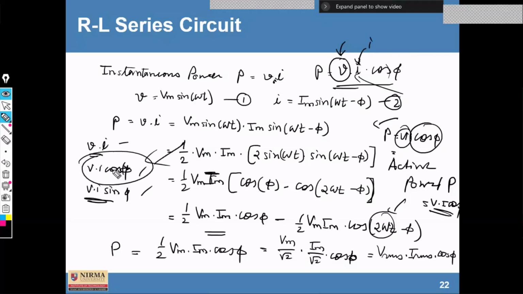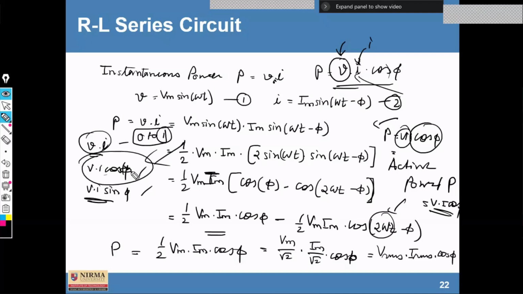If the power factor cos phi is equal to 1, the power is consumed by the resistive circuit only, because the power factor is unity. Otherwise the power factor varies between 0 and 1, since cos 90 is 0 and cos 0 is 1.